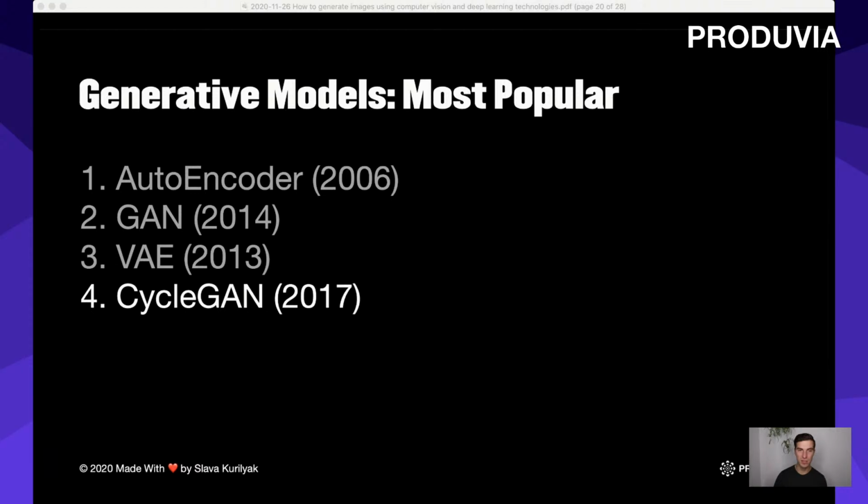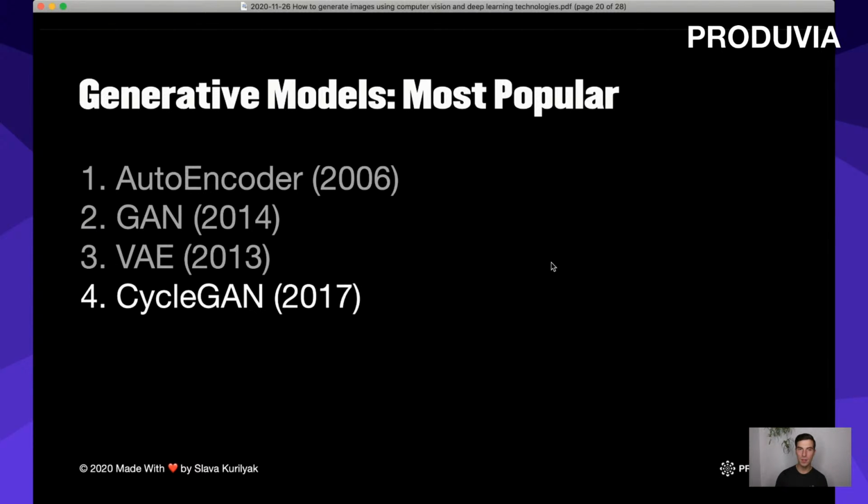That's coming up. For now, I want to emphasize that Cyclogan is the fourth most popular generative model, and this model came out only 3 years ago. So it is fairly recent. It has lots of promise, lots of potential, but it is not as good as some of the other three that I've mentioned.